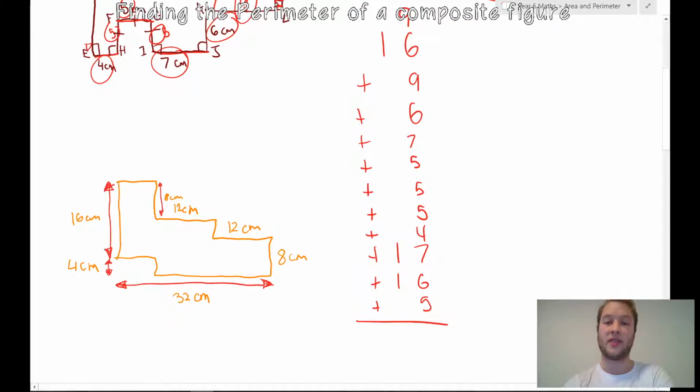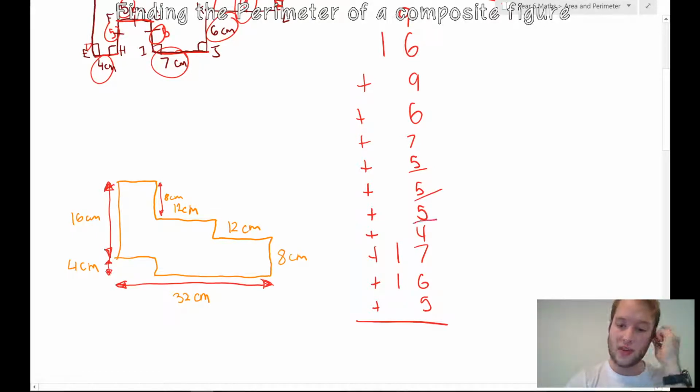So 9 and 6 is 15. 15 and 9 is 24. 24 and 6 is 30. 30 and 7 is 37. 37 plus 5 is 42, isn't it? So 37, 38, 39, 40, 41, 42. Yep, 42. Plus 5 will be 47.